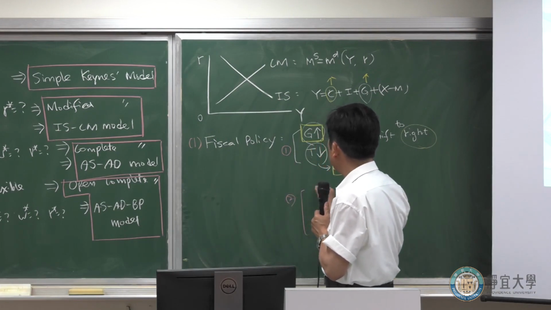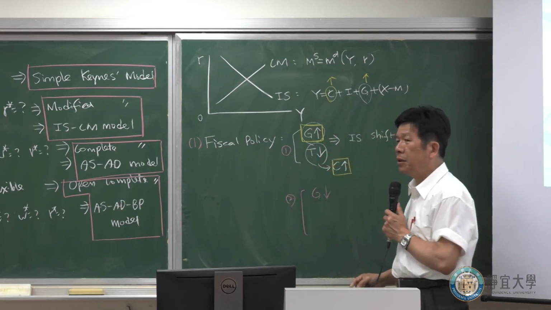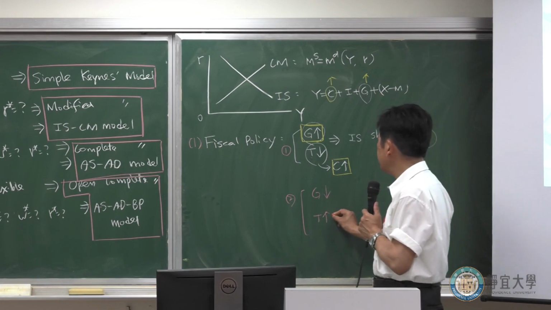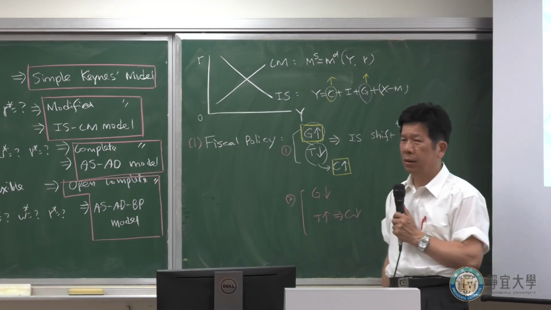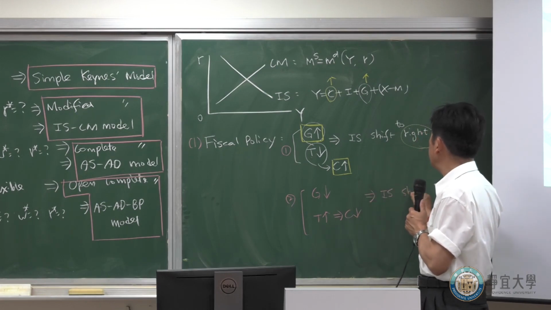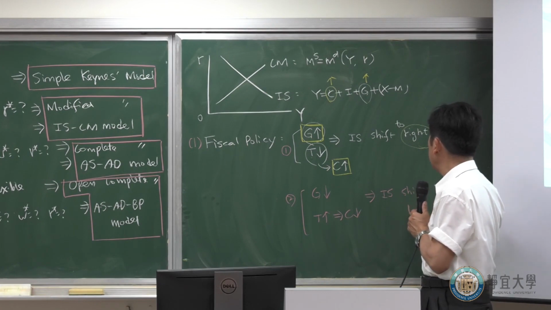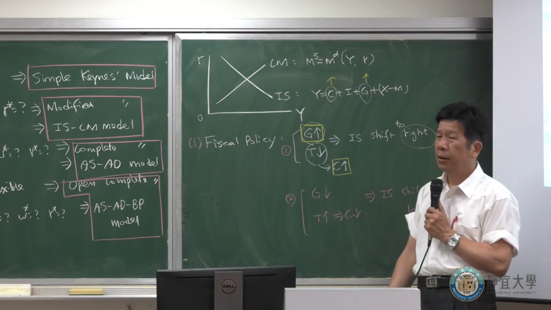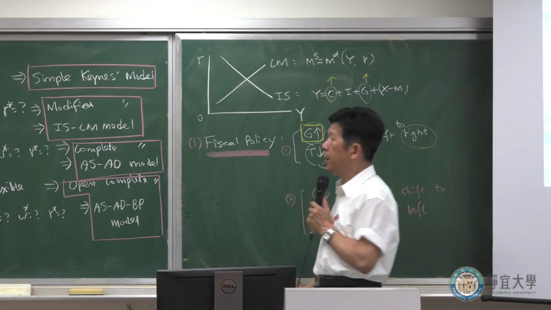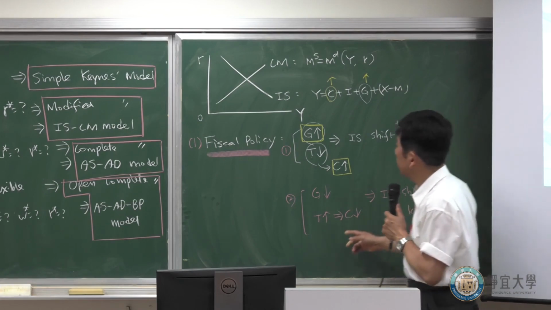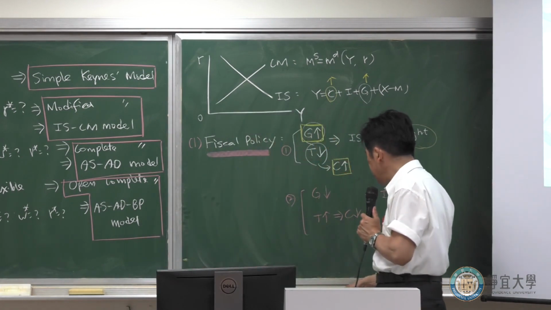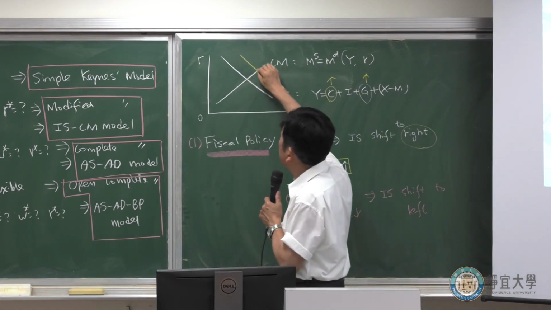Next, you can also write down that if government spending decreases, or we let the tax increase, then consumption decreases. After that, IS will shift to the left. All these things we call fiscal policy. So you can see this is the IS curve.